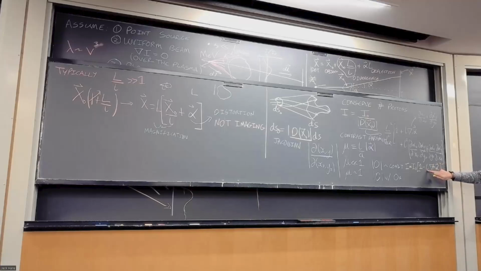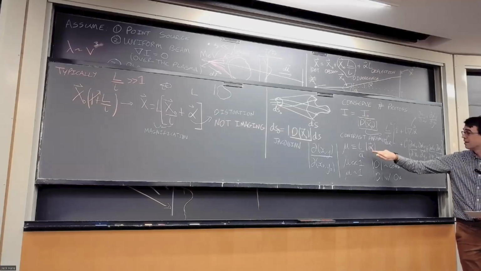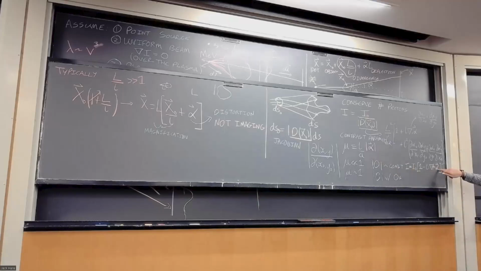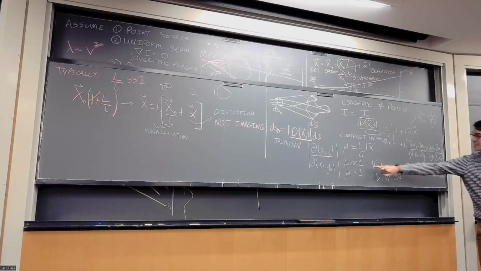Our contrast parameter has an L, an alpha, and an A, and this gradient is going to be on the order of the size of the plasma. So we've implicitly assumed this contrast parameter is small in order to get the solution, and so we have small variations in intensity. It's 1 minus a very small number.